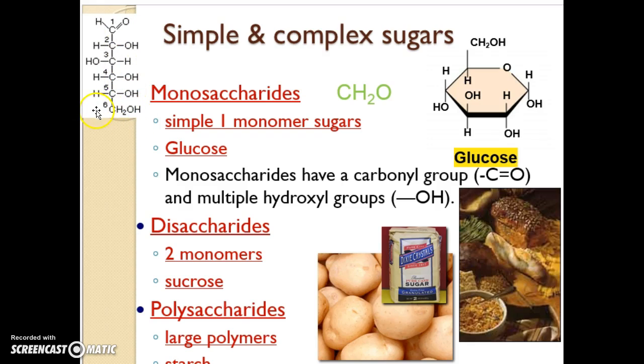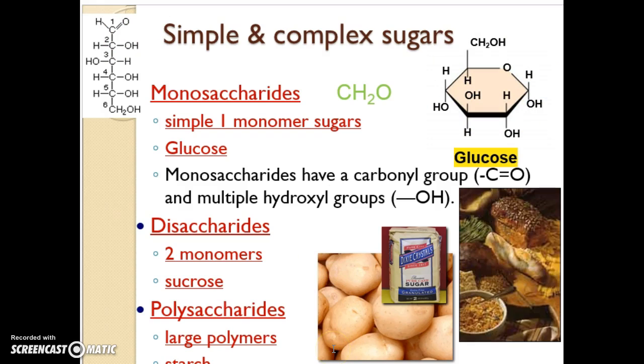So here we have glucose as well, and we can see that double bonded carbonyl group right there. But what happens, and we'll look at this more carefully in the next slides, is that in liquids, most sugars are going to go from this linear structure into a ring structure.